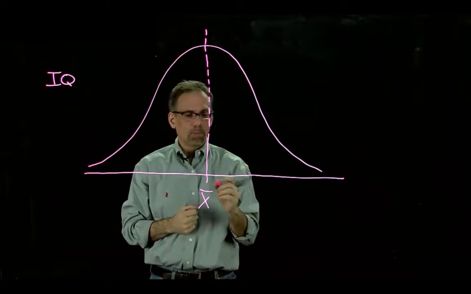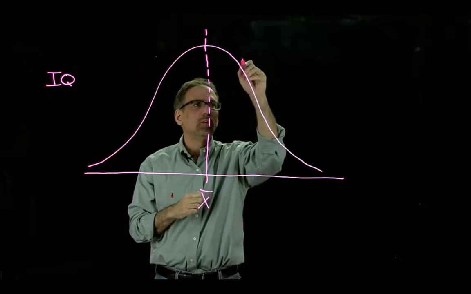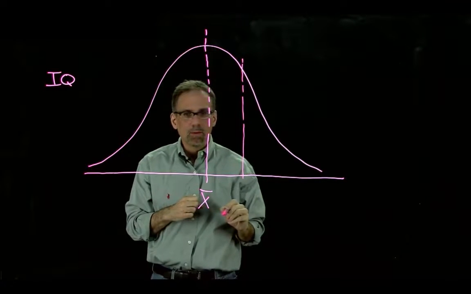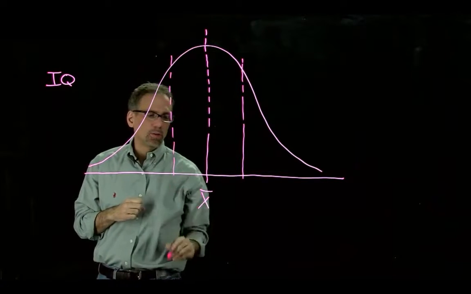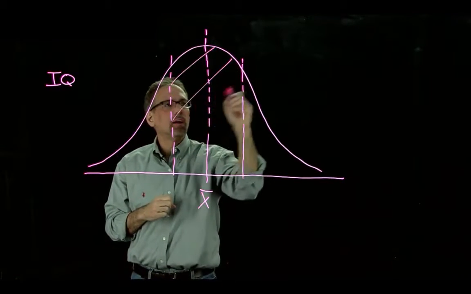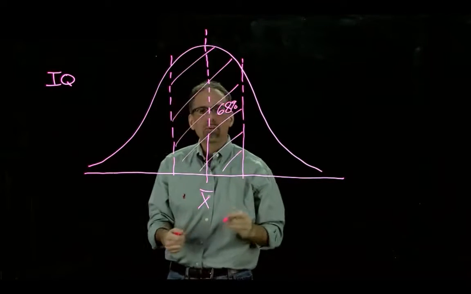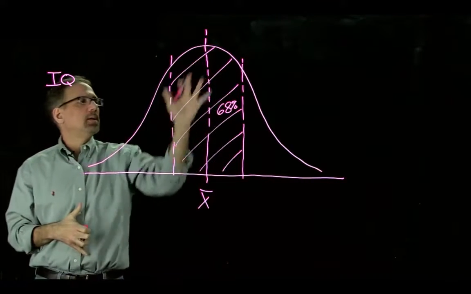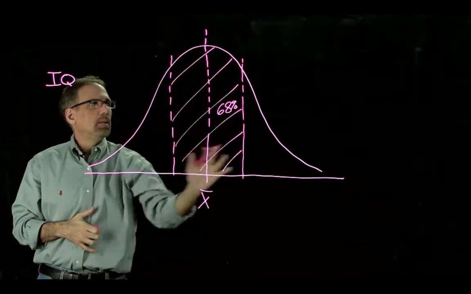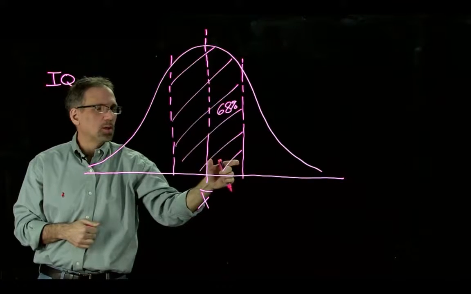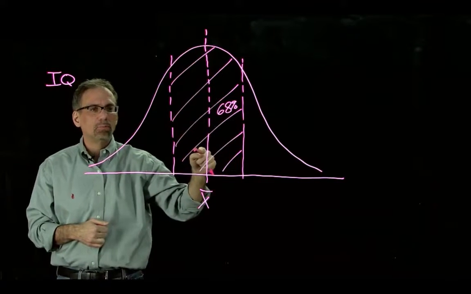For example, if I go out one standard deviation unit higher from the mean, and one standard deviation unit lower from the mean, then in here there's going to be 68% of the cases. 68% of all of the people are going to be within one standard deviation unit above and below the mean, this whole area right in here. So 34% are going to be above, 34% are going to be one standard deviation below. But 68% total are going to be in there.